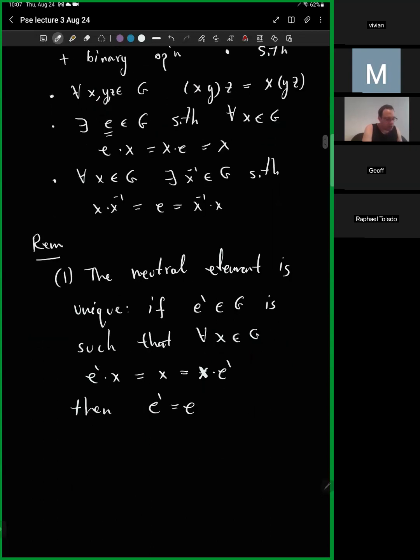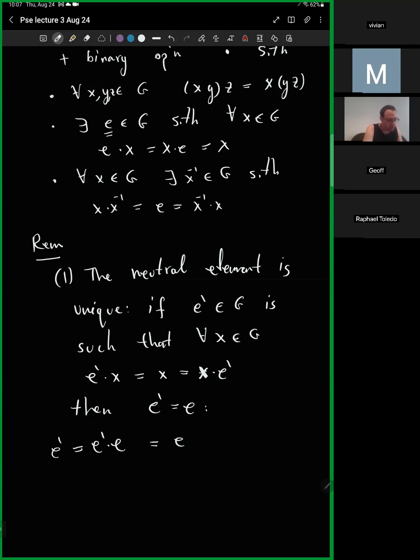Well, how do you see it? I mean, E prime E must be equal to E because E prime is a neutral element. But it also must be equal to E prime because E is a neutral element.